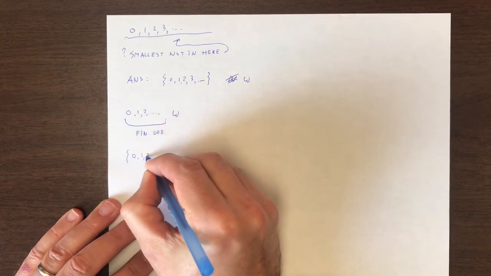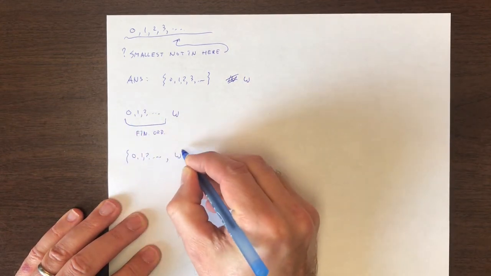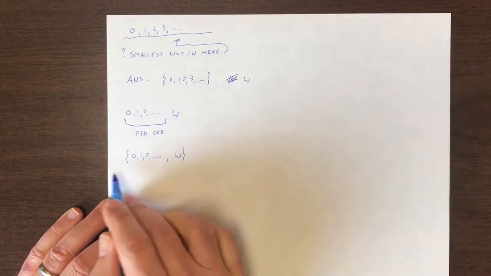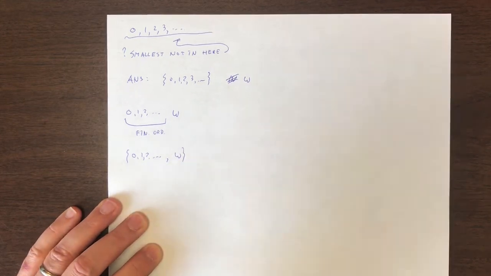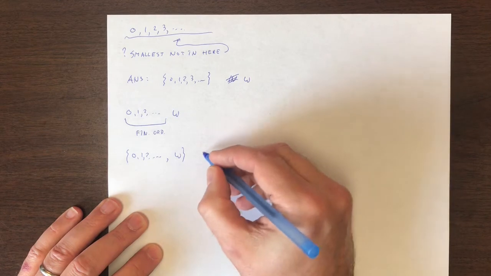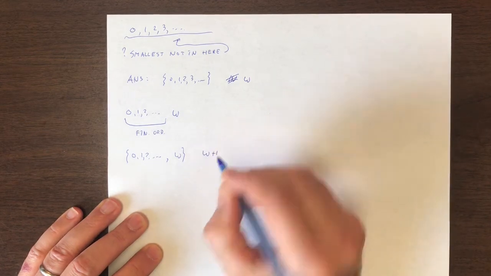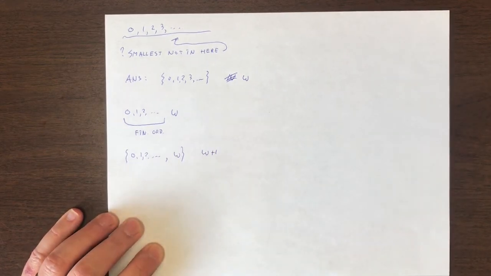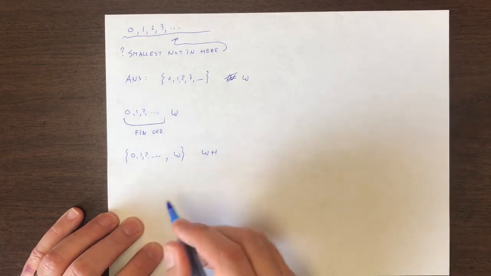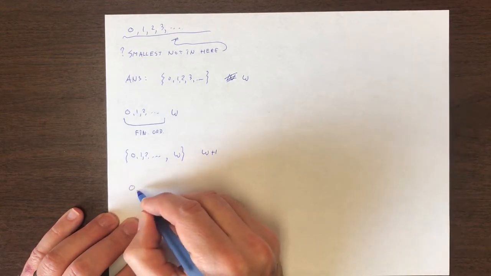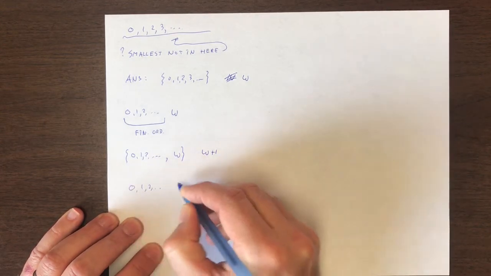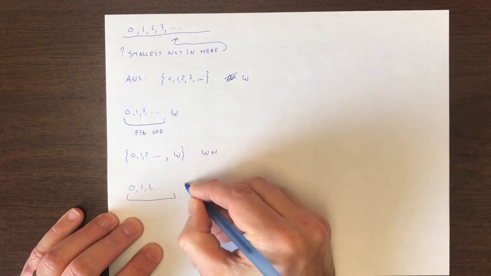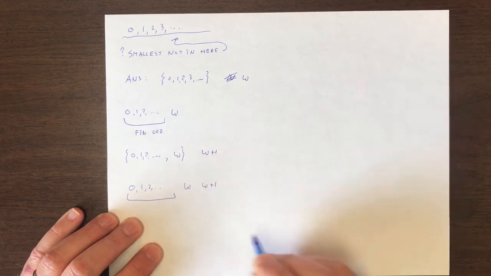So 0, 1, 2, all the finite ones, and then omega. Of course, this is too much work to write down, so I'll need an abbreviation, and the abbreviation is omega plus 1. Okay? So now, what do we have? I have 0, 1, the finite ones, and then I have omega, and then omega plus 1.